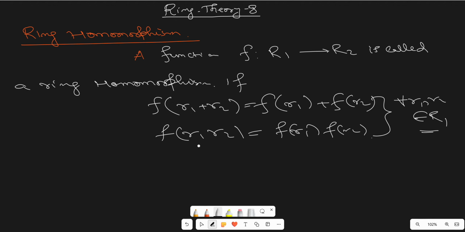So this is called a ring homomorphism. If these two properties are satisfied, then we say that this is a ring homomorphism.